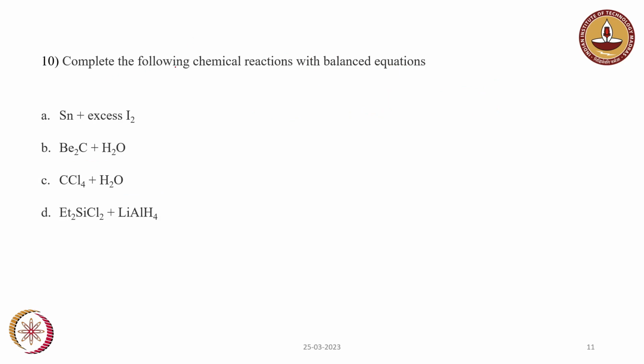Next question is, complete the following chemical reactions with balanced equations. The first one is Sn plus excess I2, which will form SnI4. Second one is Be2C plus H2O. We have already seen this one.